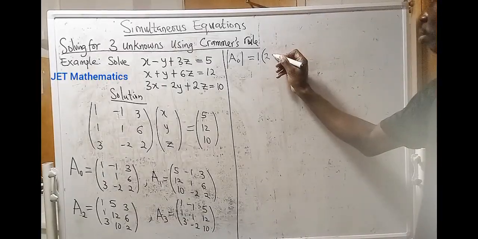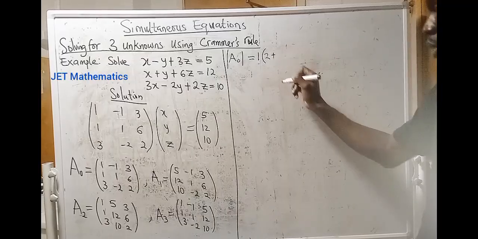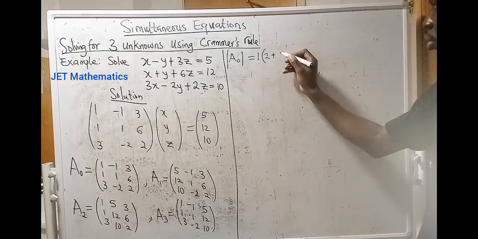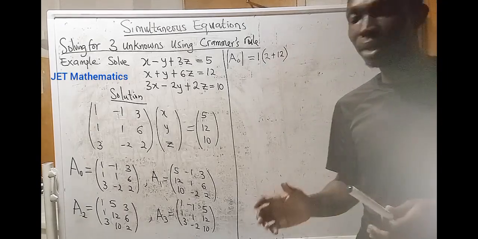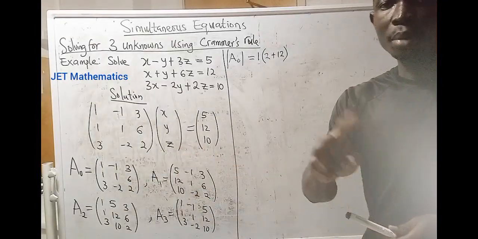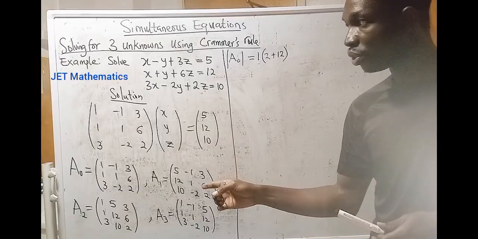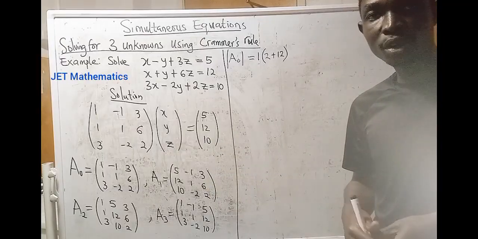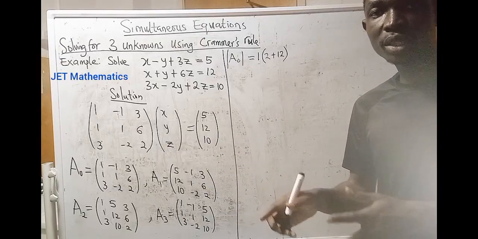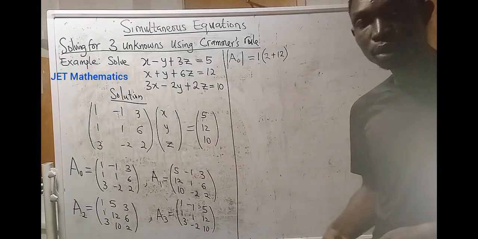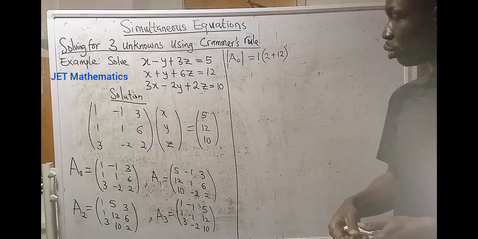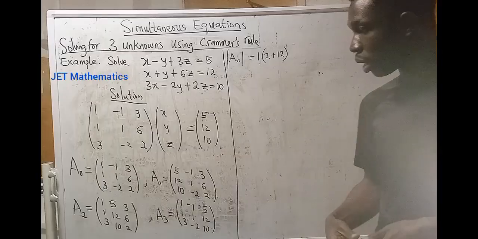So here minus becomes plus 12. Now, in case you don't know how to get the determinants of a 3 by 3 matrix, I'll refer you to our last video on determinants of a 3 by 3 matrix. Please watch that video, and I believe you will get a good knowledge on how to get the determinants of a 3 by 3 matrix.